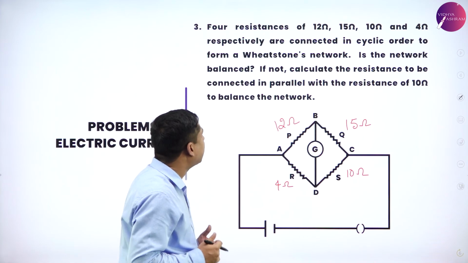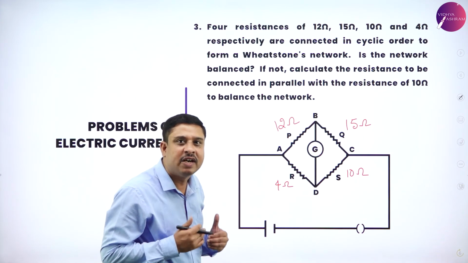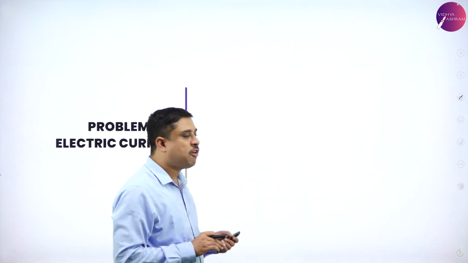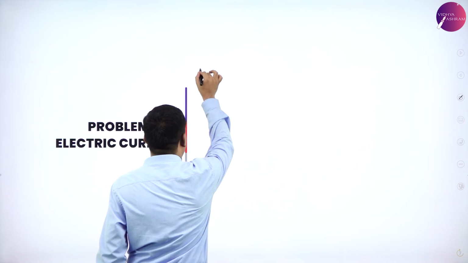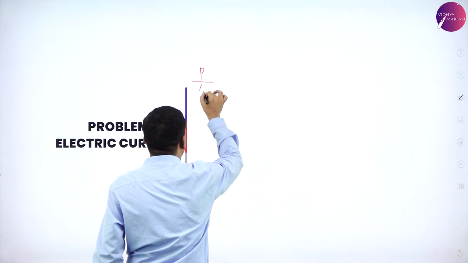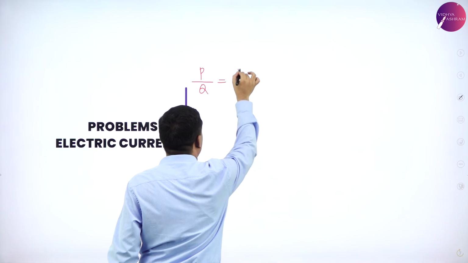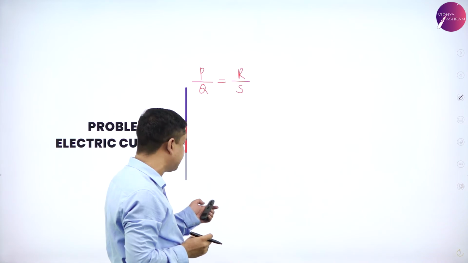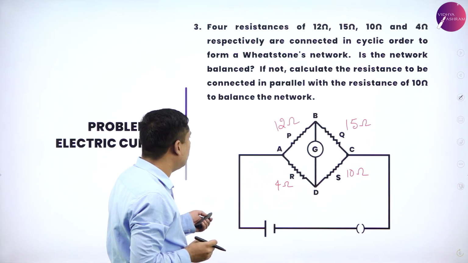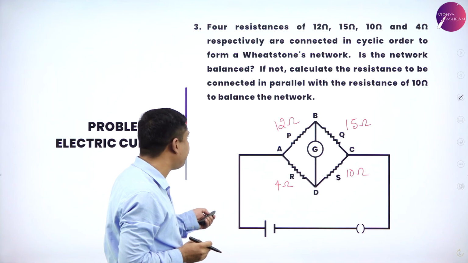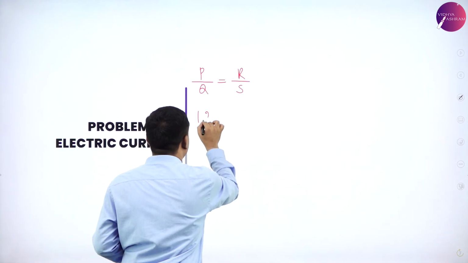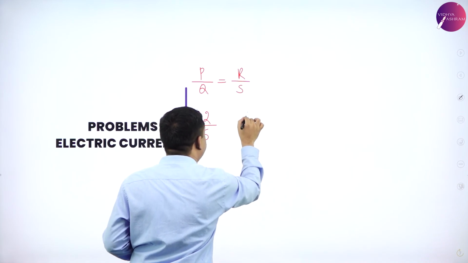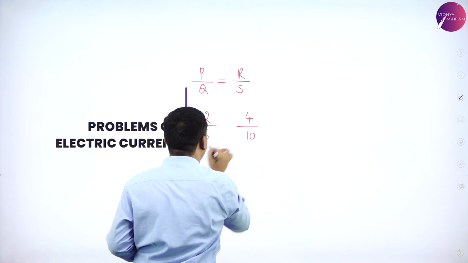First I have to check whether the given network is balanced or not. So for the balance of Wheatstone's network, P by Q should be R divided by S. So P by Q, 12 by 15, R divided by S, 4 by 10.